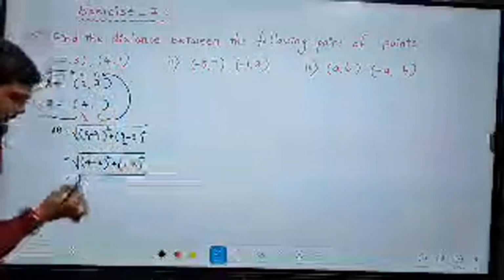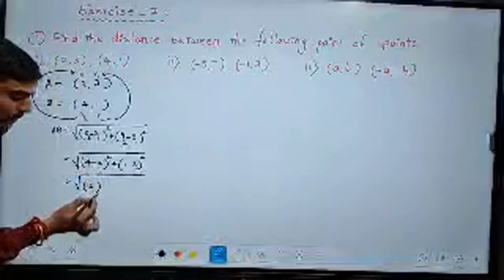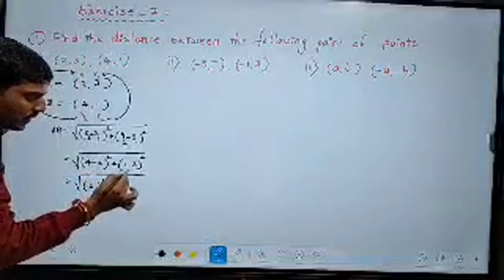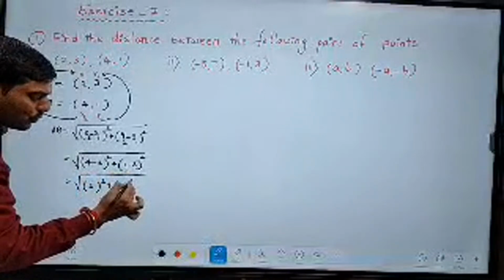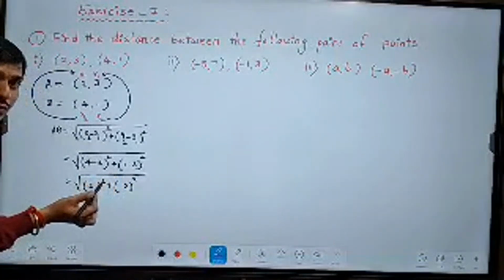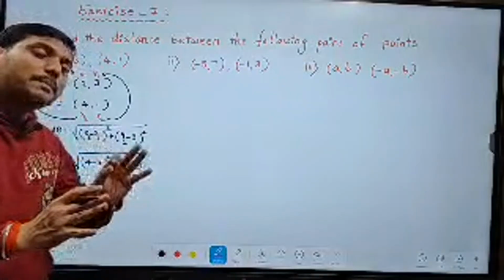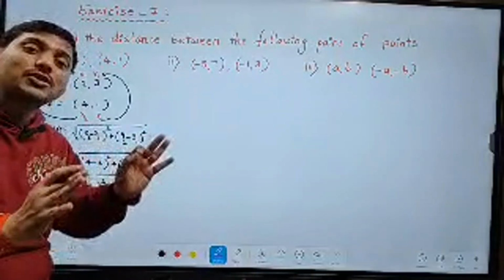Listen, students, the difference is 2 for 4 minus 2, 2 whole square. For the y terms the difference is just 2 is wrong, because 3 is negative and 1 is positive. Two numbers with different signs, subtract.